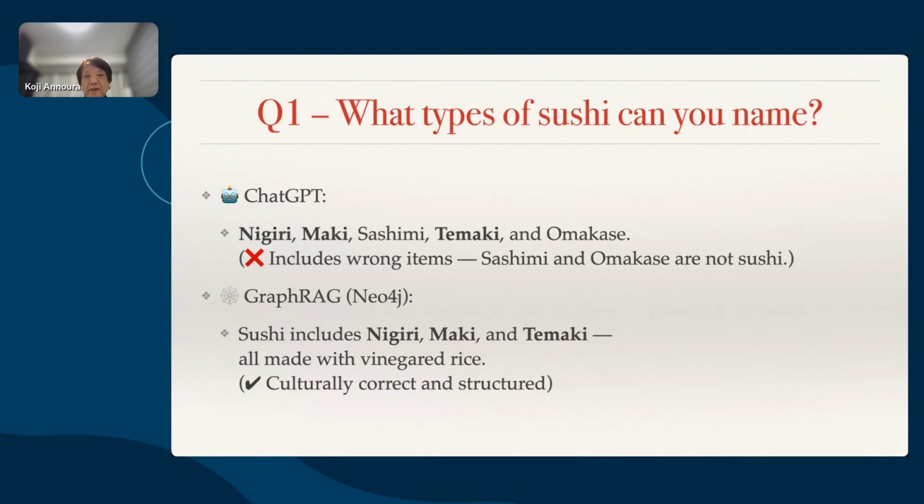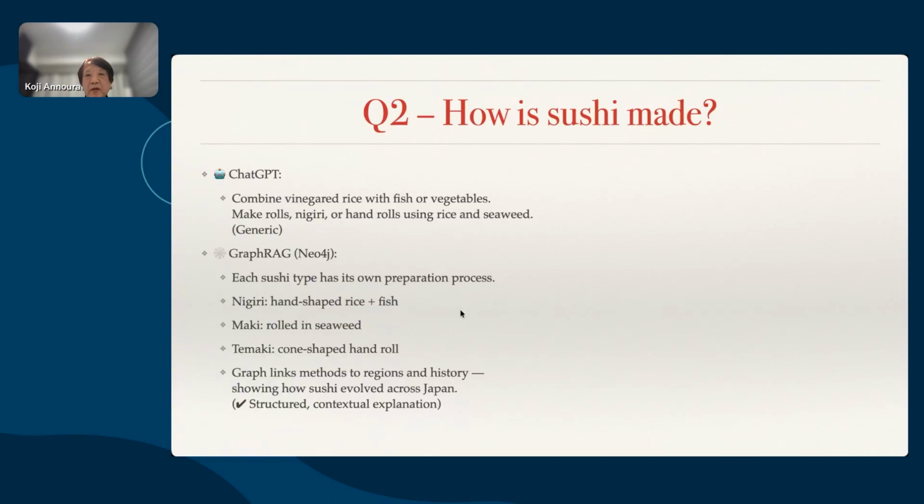With ChatGPT GraphRAG with Neo4j, the correct answer is that sushi includes nigiri, maki, and temaki, all made with vinegared rice. It's completely correct knowledge.